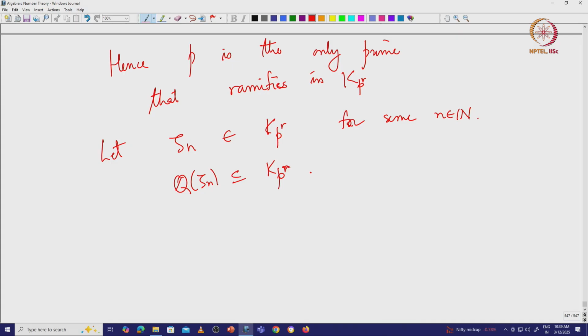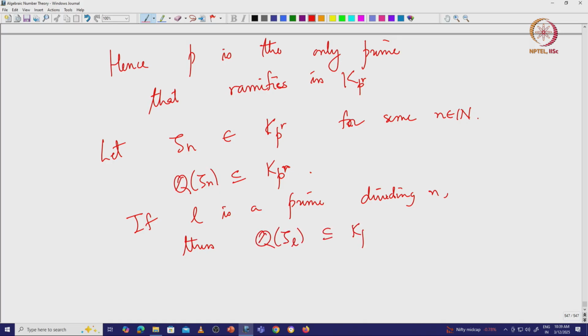So, in particular, if L is a prime dividing n, then Q(zeta_L) is contained in Q(zeta_{p^r}), right. If I want to draw a picture, it will be something like this: Q(zeta_{p^r}), and then Q(zeta_L) here, contained in it, right.